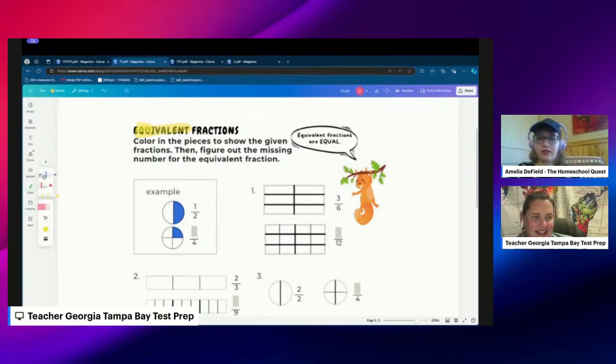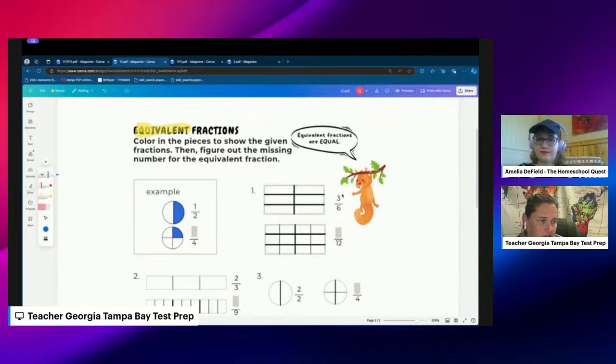Is that word equal? Yes, equivalent fractions is just a fancy way of saying I want two fractions that are equal. Equal means the same.